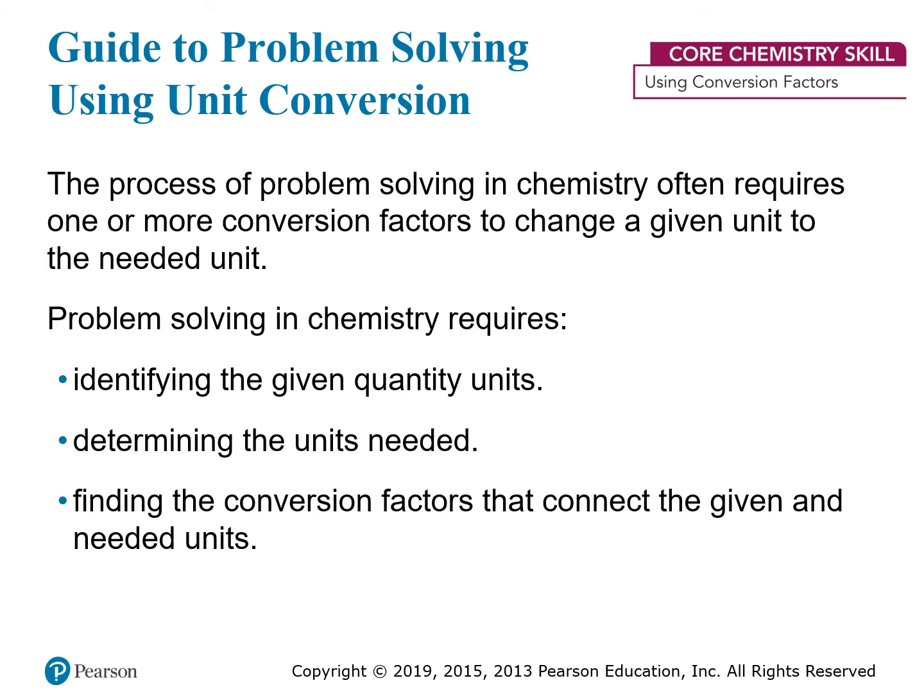The process of problem solving in chemistry often requires one or more conversion factors to change a given unit to the needed unit. That means you're probably going to need to follow a few steps. First, you have to identify the units that you're starting with. Then you have to determine the units that you want. And then you have to find relationships that connect the given unit to the desired unit.